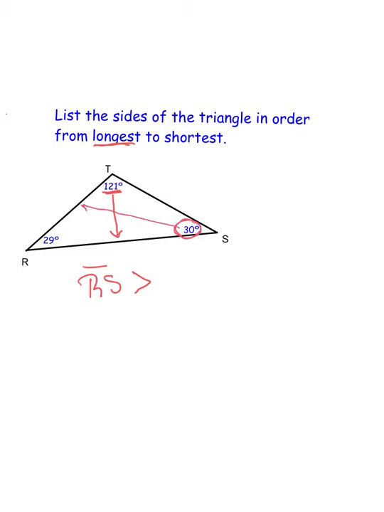So if I go across, RT is going to be the second biggest side. And since 29 is the smallest angle, if I go across, that means that TS has to be the smallest side. So again, it says just list them. So technically you don't need these inequality signs. So you can just write RS, then RT, and then TS.